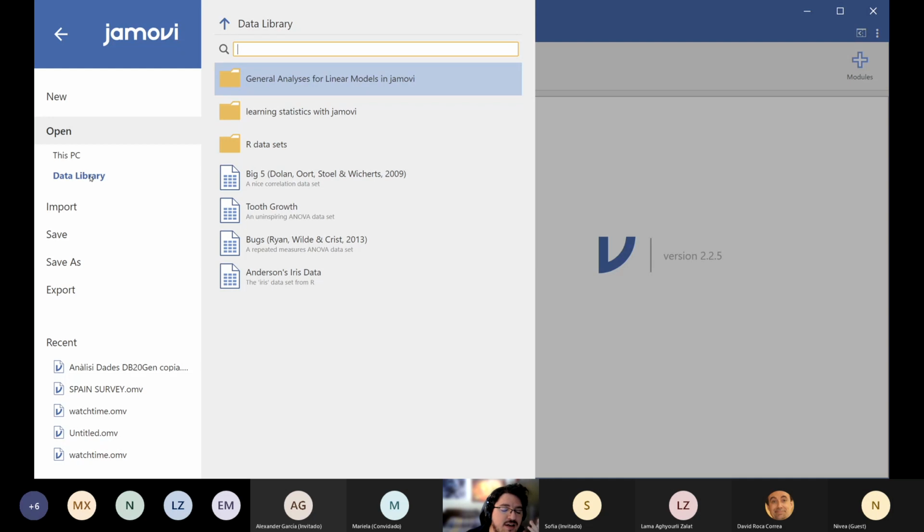And please, unless you don't have microphones, please speak out loud, because it really does feel that I'm talking to the void here. So, and I can't see the chat, so please speak out loud. Here, you should have data library, and you should have here a folder called Learning Statistics with Jamovi. Do you have this?